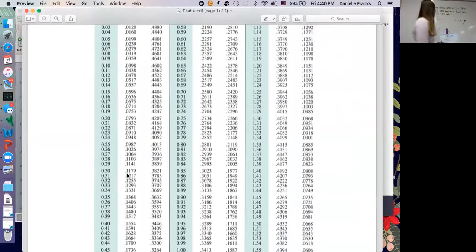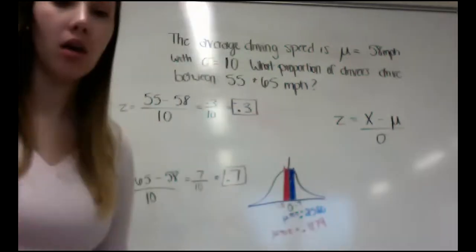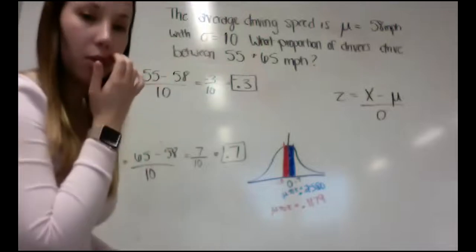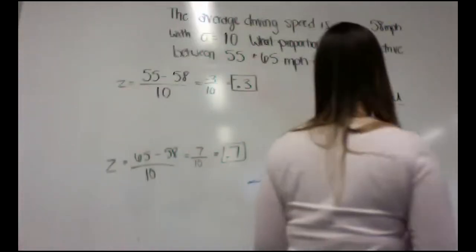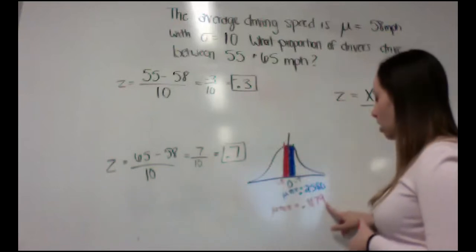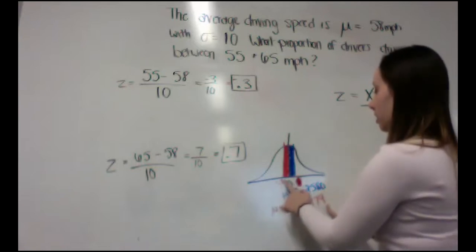So that's our red piece. Okay, so those are the numbers that we are working with, our proportions. So here we've got 0.2580, and here we've got 0.1179. So those are our red and blue pieces.